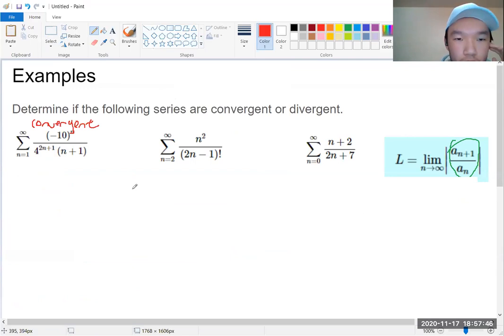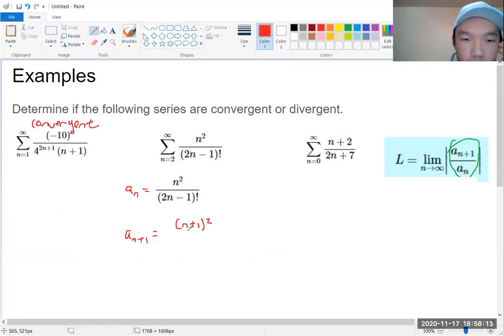Okay, so again, we have to take the ratio. So this would be A of n is, so A of n is just what it is, right? It's what you're given. This is the current term. And then A sub n plus 1, that's n plus 1 squared over 2 times n plus 1 minus 1 factorial.